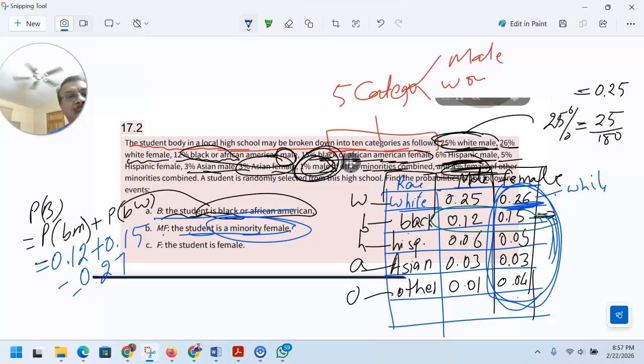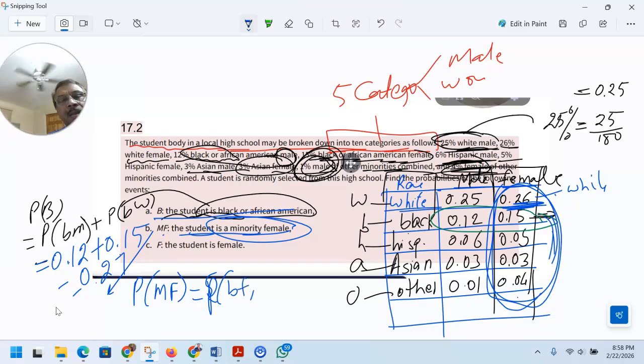So the probability that it is going to be a minority female is the probability of black female, plus Hispanic female, plus Asian female, plus any other race female.